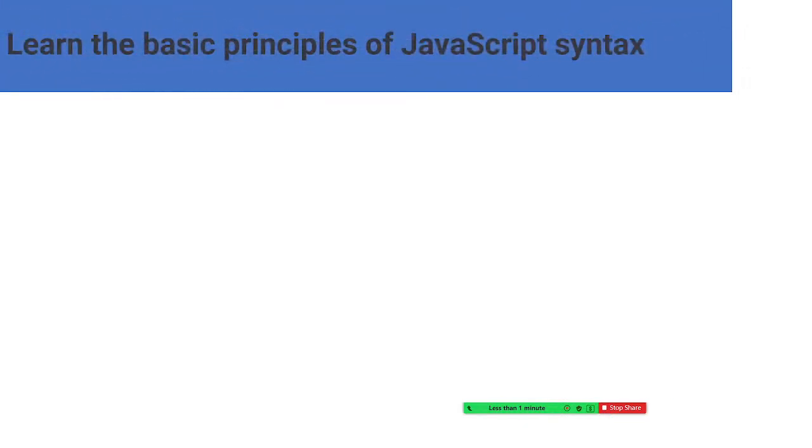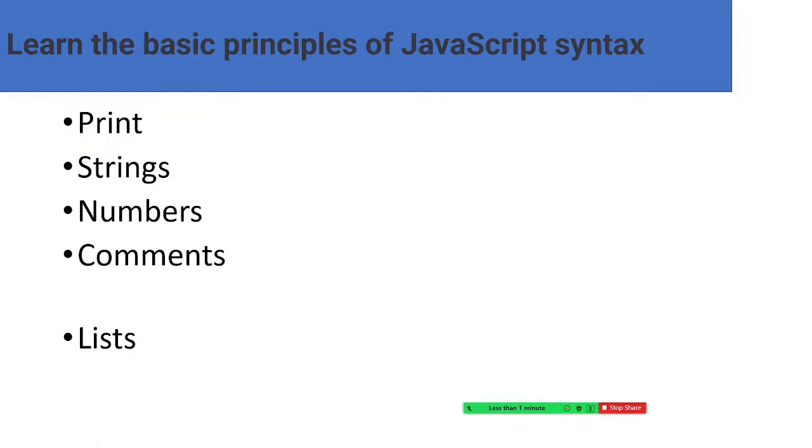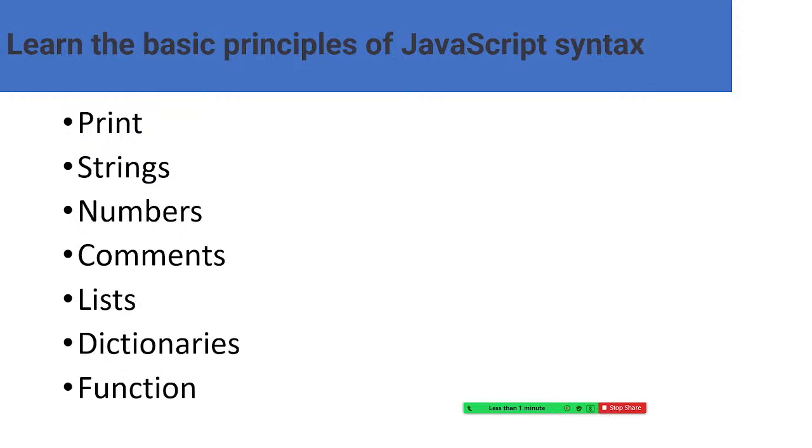So now in this time I use the JavaScript syntax. So that's why we also learn the basic fundamental parts of the JavaScript programming language, then move to Earth Engine. So in this time I also try to discuss some basic or principal things at a beginner level for the JavaScript syntax. First of all I'll discuss the print function, then string, then variable, then number, then comments, then list, how you can easily make a list, then dictionary, and how you can easily make a function.